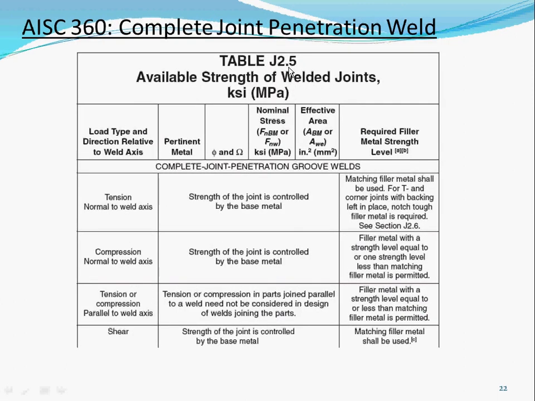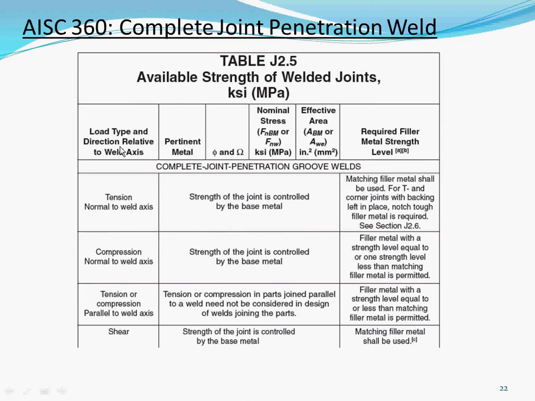When you go to Table J2.5, they break it down into CJP, complete joint penetration weld. They give you a nominal stress and effective area, and then we require filler metal strength level. Don't worry about this one, but these you need to look at. They are also based on the loading of the axis to the weld.